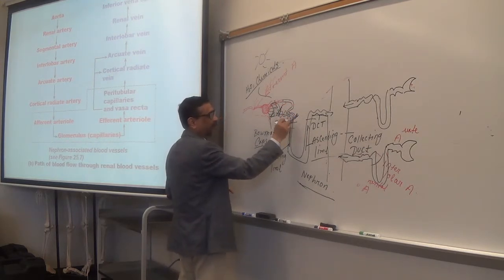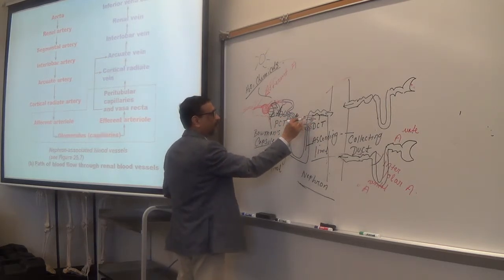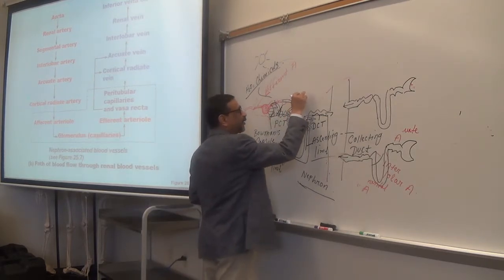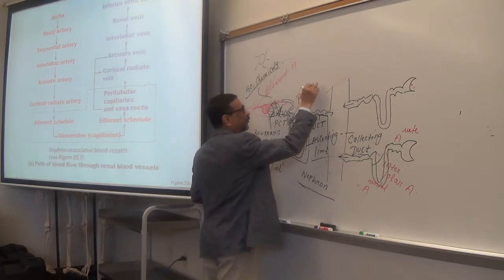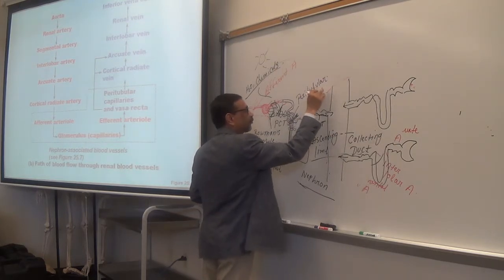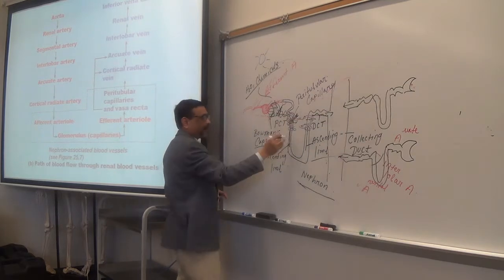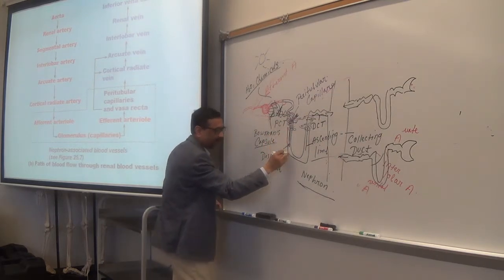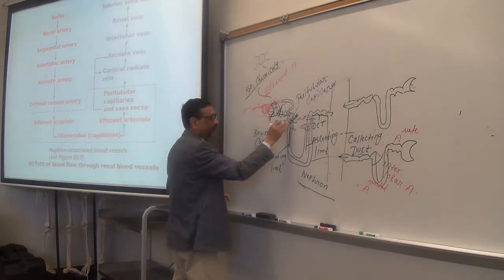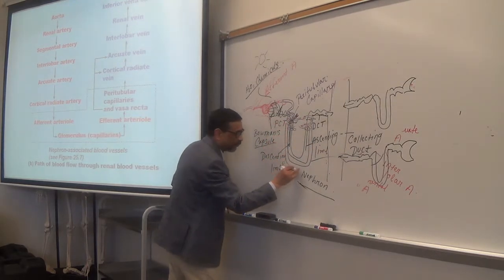One is around the upper part of the nephron like this. This is called peritubular capillary. And another is along the loop of Henle. This one is very important.